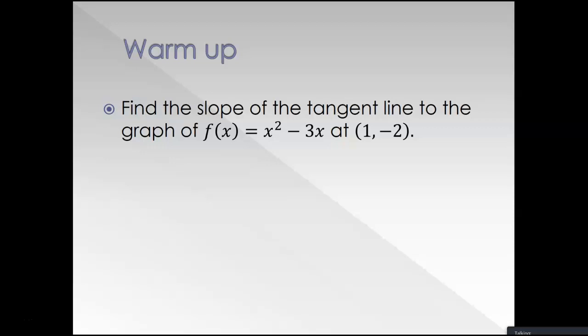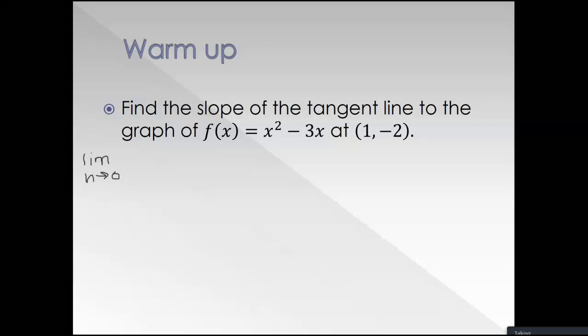So in this case, we have the limit as h approaches 0. We're going to do f of x plus h, and it doesn't matter if I do x plus h or a plus h, they mean the same.